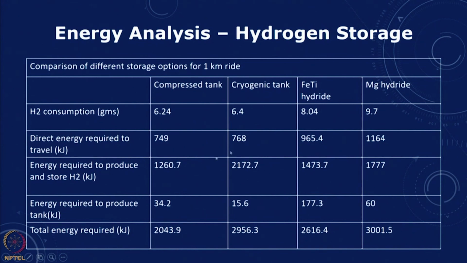For cryogenics, a significant amount of energy is required for storage. With the add-on materials, when we look at the total, it turns out that FeTi hydride is lower than magnesium hydride, even though the energy required to produce the tank is lower.